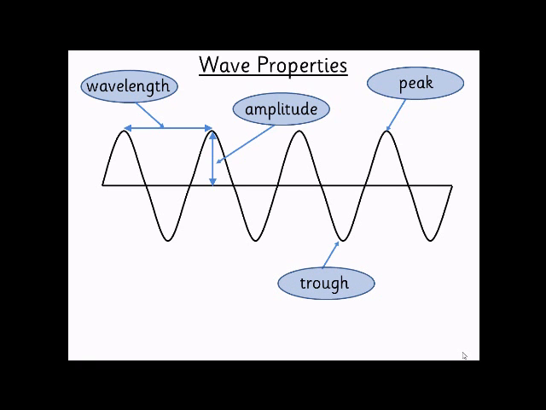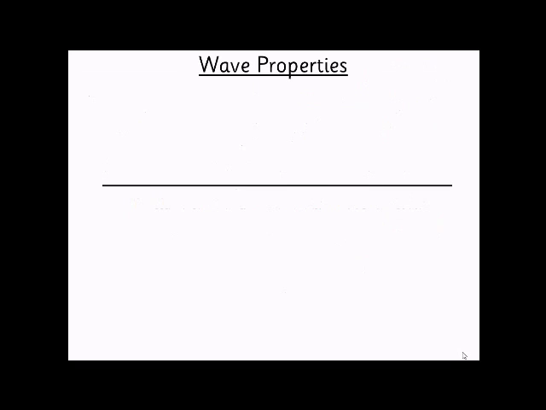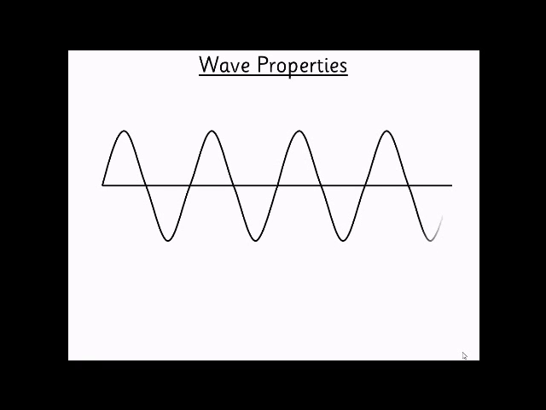The third and final property you're expected to know about is frequency. Now it's very hard to draw frequency on a wave, so instead we draw the time period. So if you imagine that the axis that this wave is shown on is now time instead of distance, 1 period is the time it takes for one wave to occur.